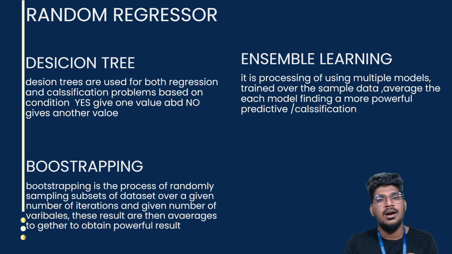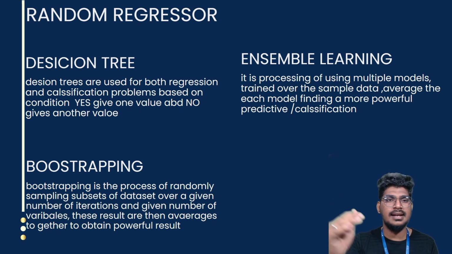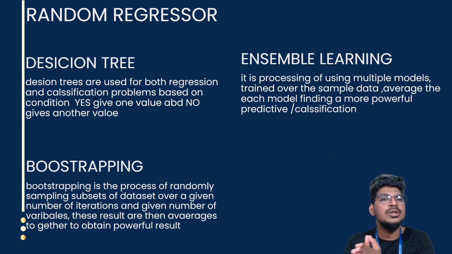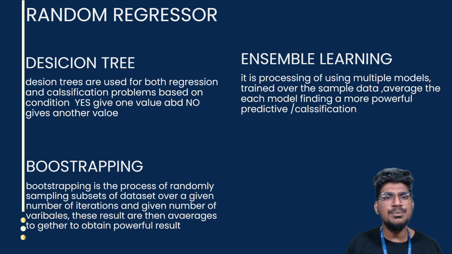For example, if it is a classification, the decision tree will, based on the certain condition, output 0 or 1, yes or no, true or false. In the same way, for the regression problem, if the condition is yes, one kind of value will be predicted, and the same thing if it is no, another value will be predicted. That is the regression problem.